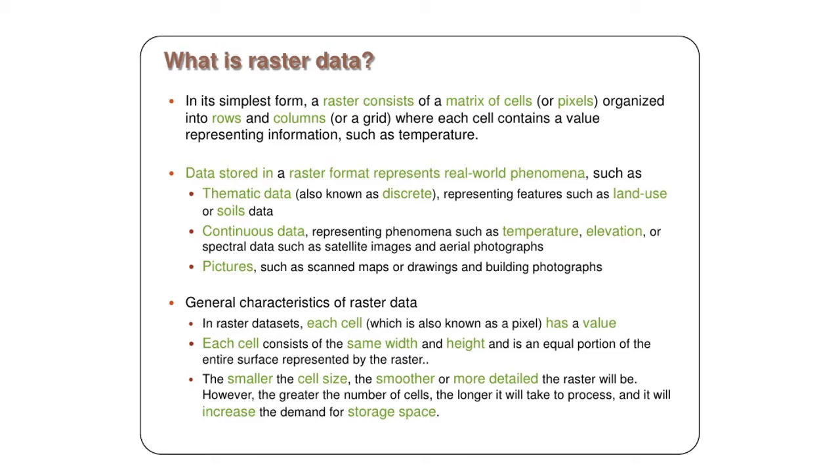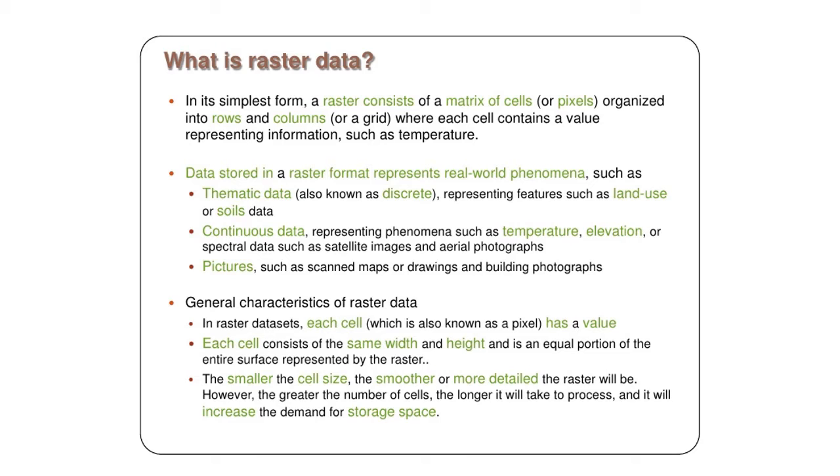Number 2, each cell consists of the same width and height and is an equal portion of the entire surface represented by the raster. It means whenever we develop a pixel, either it is 1 meter or 1 foot or 3 meter or 10 meter or 30 meter, whenever we are going to develop the raster map, it will have the same dimension.